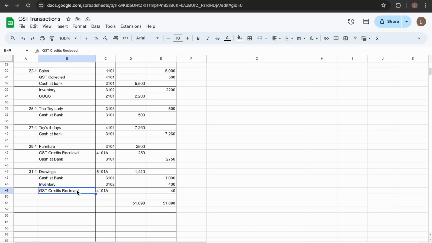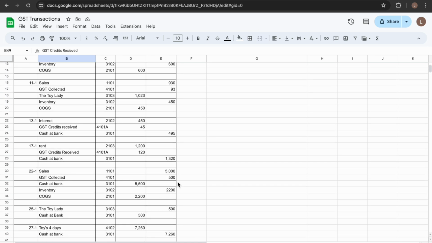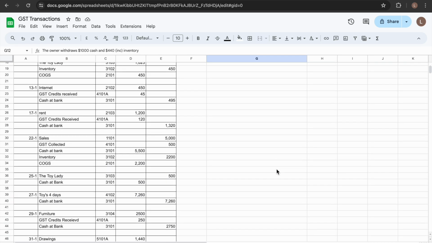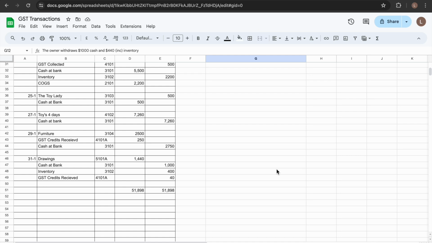Now, the reason why we use credits received in this case and not collected is because we're not selling, okay? So we would have bought that inventory for $400 plus $40 in GST, okay? So if I'm buying something, it's going to be with a GST credits received account.